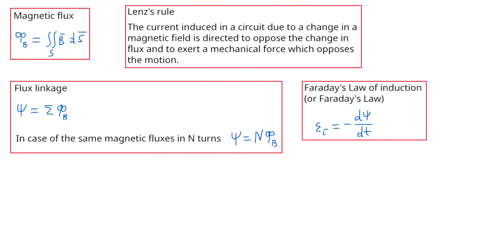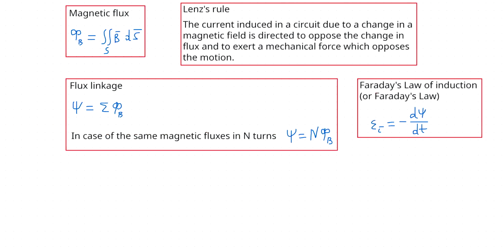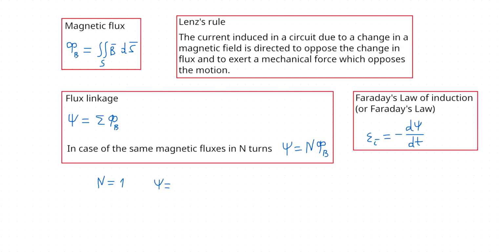Okay, and let's return to the case of a circuit with one turn. So in this case, if n is equal to 1, the flux linkage is just equal to magnetic flux.